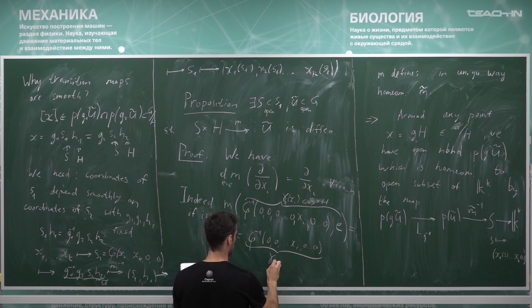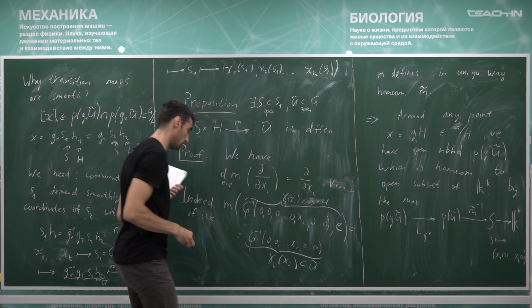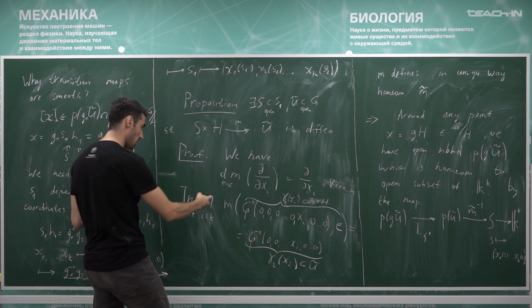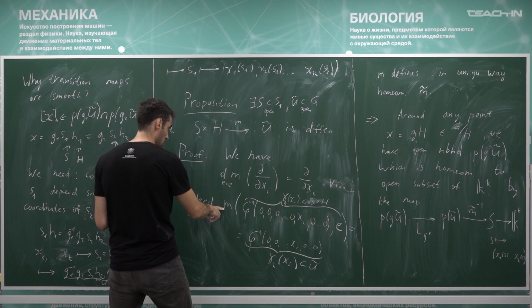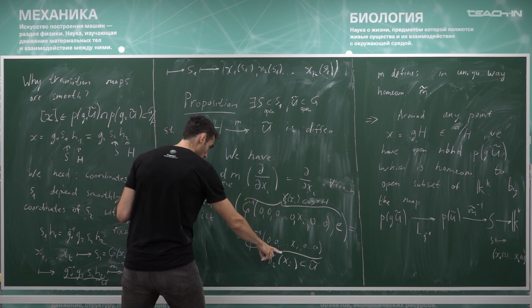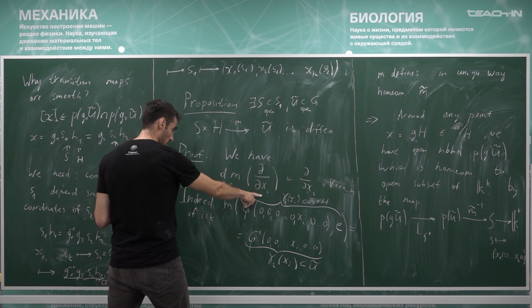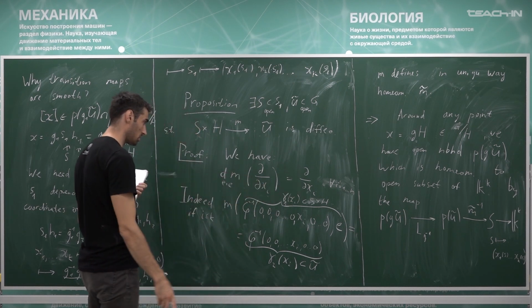But this is another curve, gamma 2 of xi inside U tilde, and the tangent vector at 0 to this is exactly d over dxi, a coordinate in here. And I take m of it, and m takes one curve to another. Therefore the differential takes the corresponding tangent vector to the corresponding tangent vector.